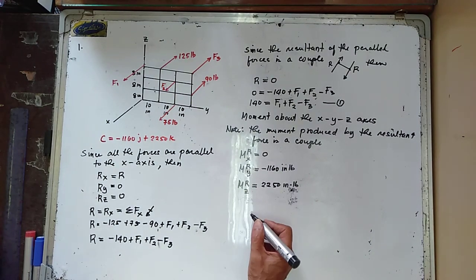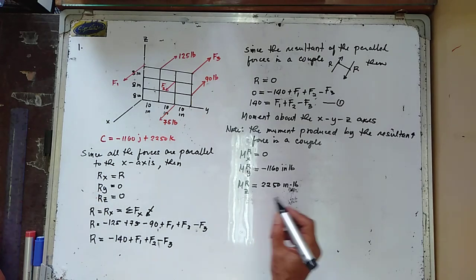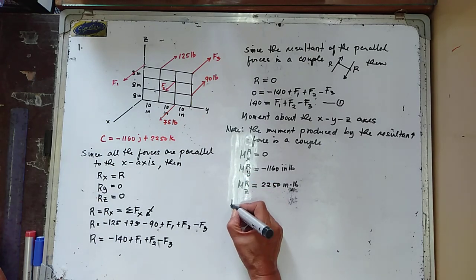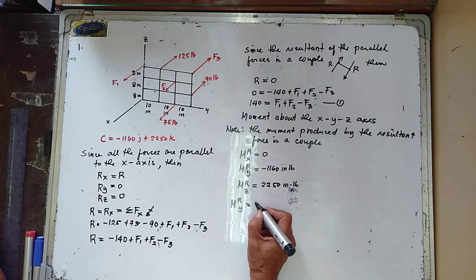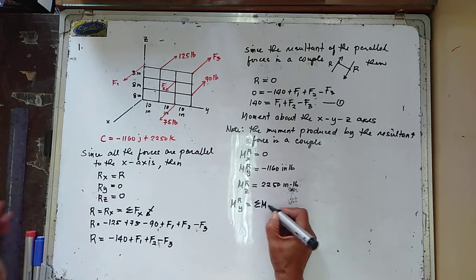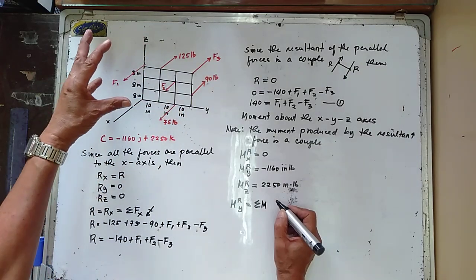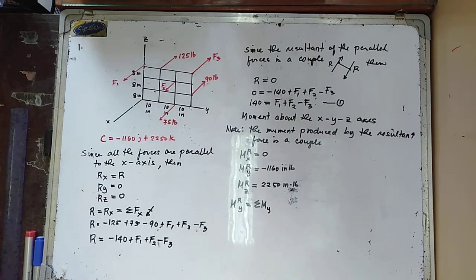So let us try to determine now the moment of the resultant. The moment of the resultant about the y-axis is now equal to the summation of moment of all the forces in the original system about the y-axis.